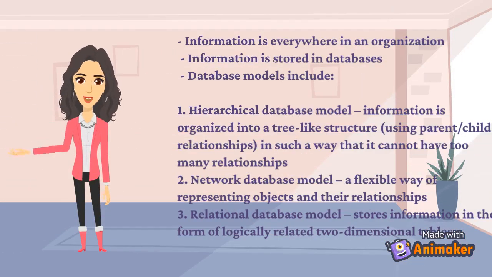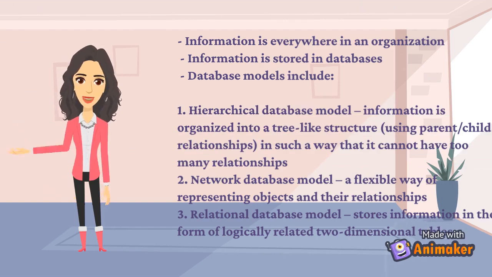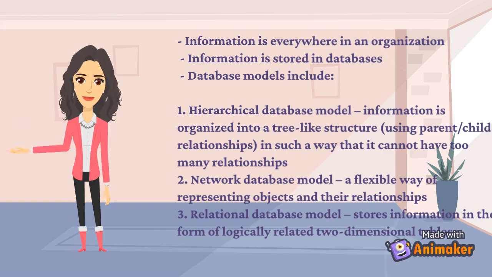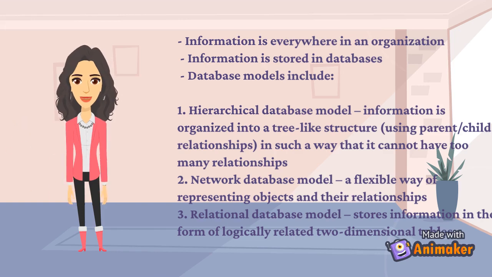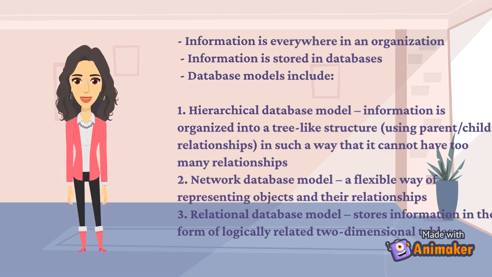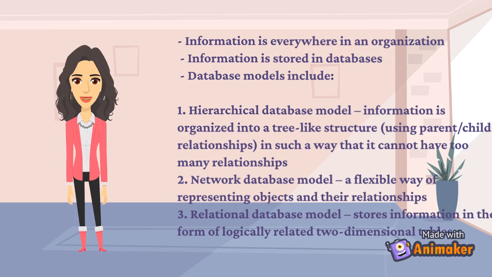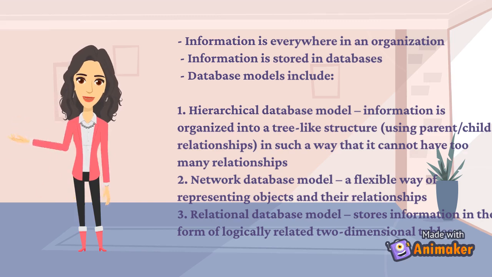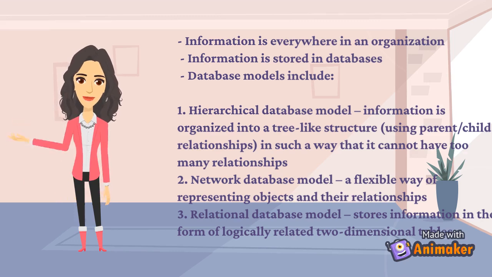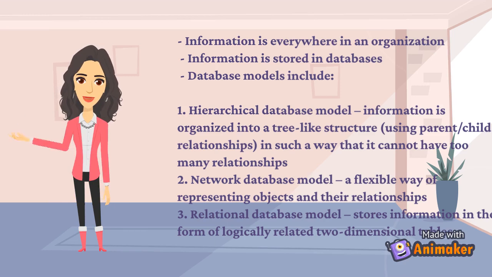Information is everywhere in an organization and it is stored in databases. Database models include three types, which are hierarchical database model, network database model, and relational database model. Hierarchical database model is information that is organized into a tree-like structure using parent or child relationships in such a way that it cannot have too many relationships.